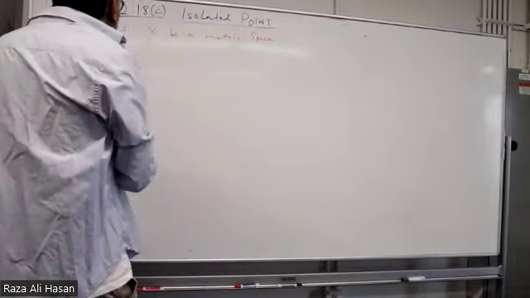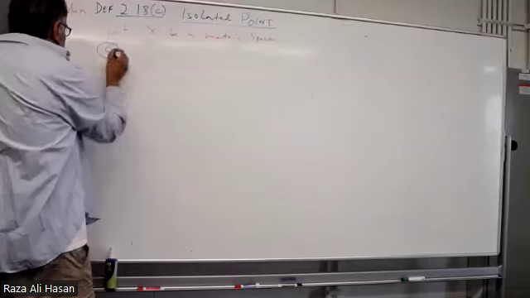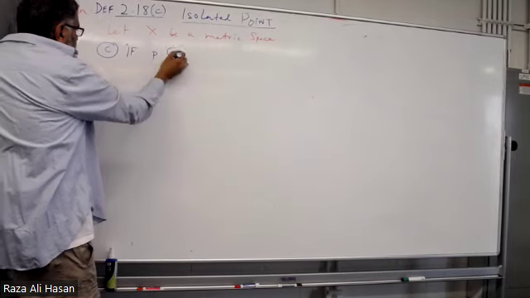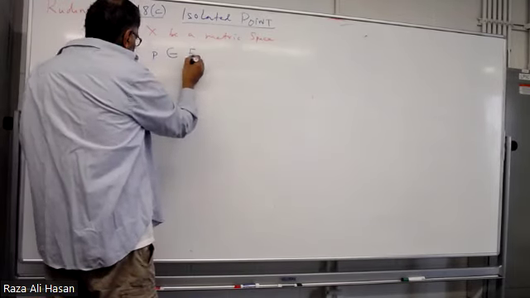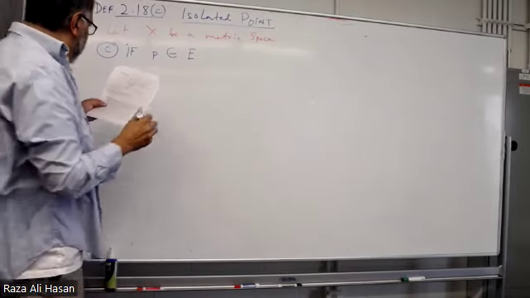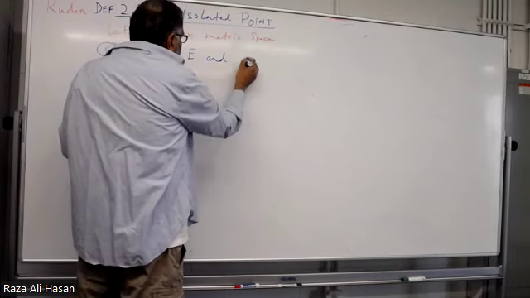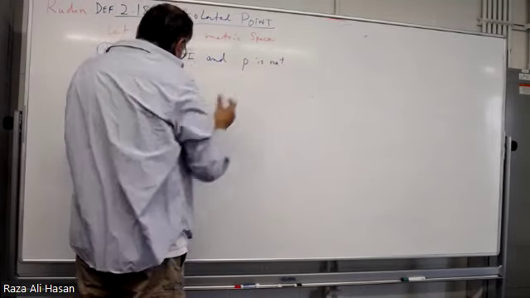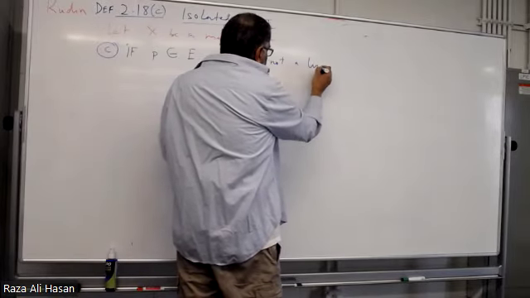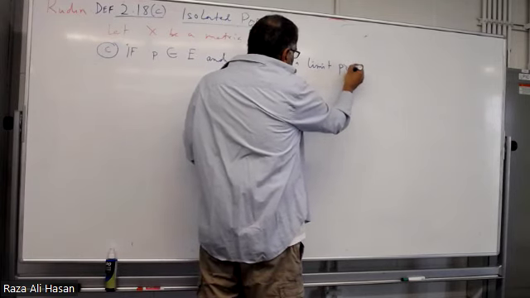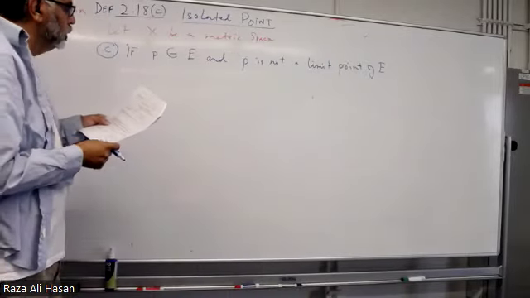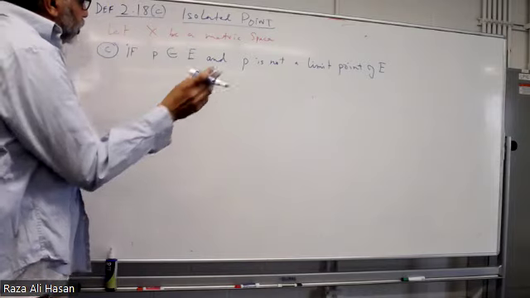All right, so the definition goes: P is called an isolated point of E if P belongs to E. Okay, so if P is an element of E and P is not, and this is Rudin, I didn't write this weird definition, not a limit point of E, then P is called an isolated point. So let's draw that same picture.